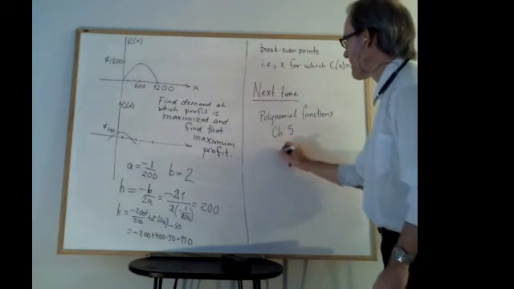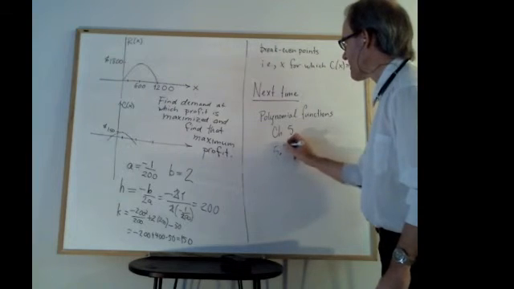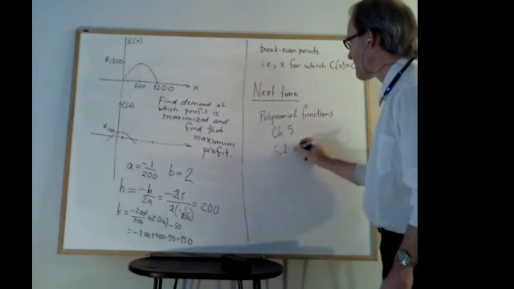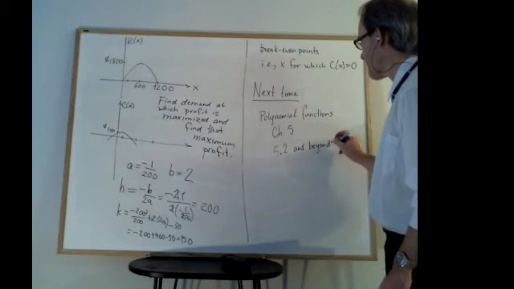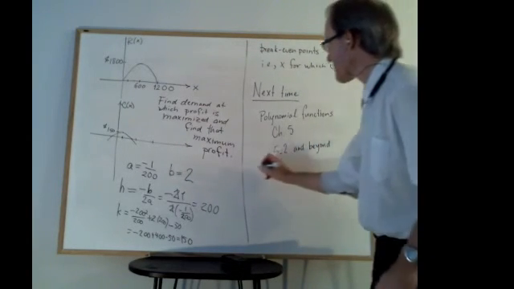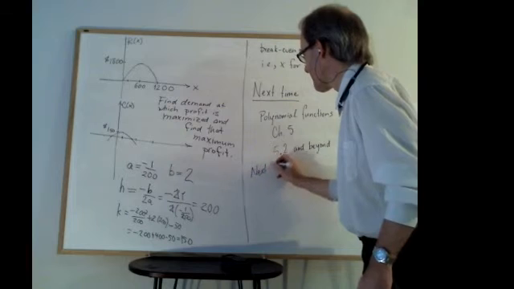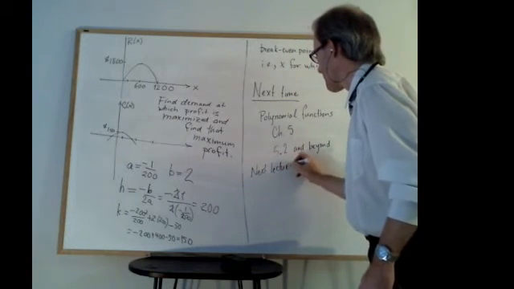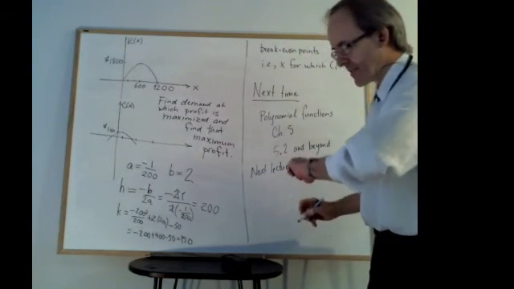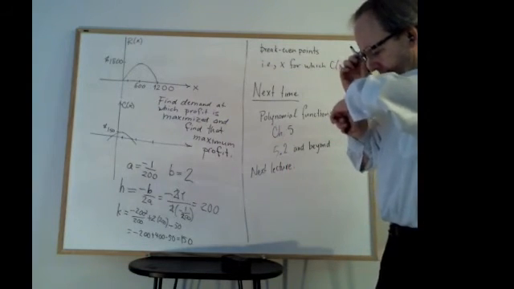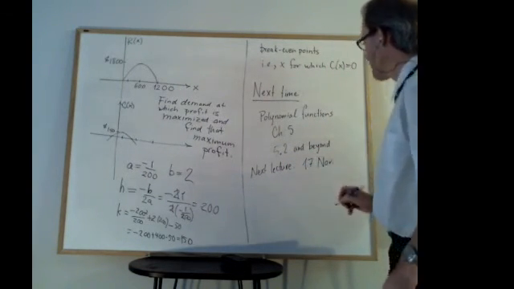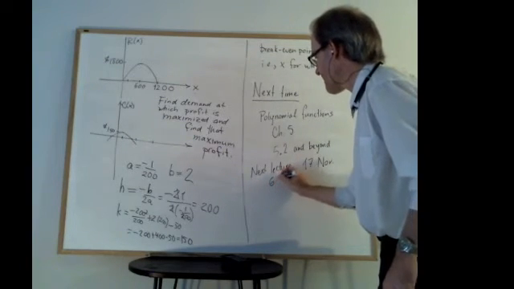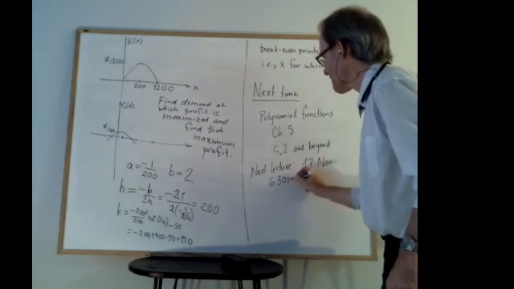So this will be basically section 5.2 and beyond, which I hope to start with in the next lecture. Today's the 14th, and the next lecture will be on the 17th of November, same time, 6:30 p.m. your time.